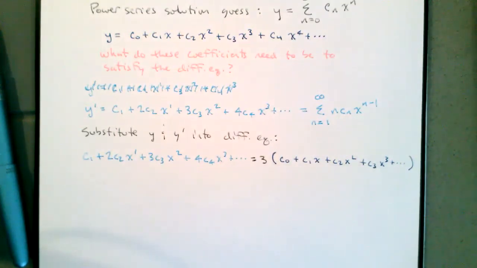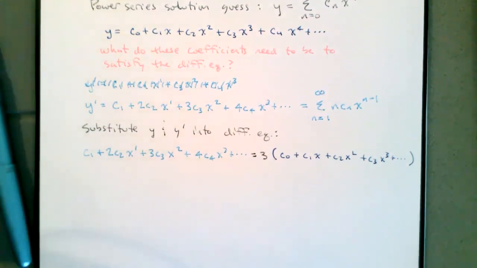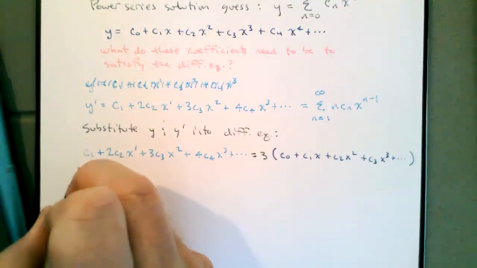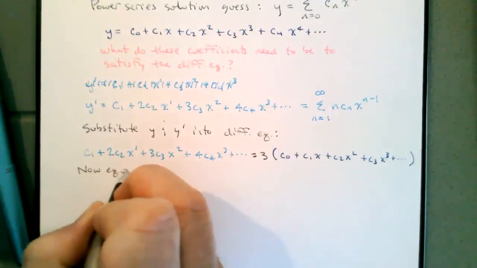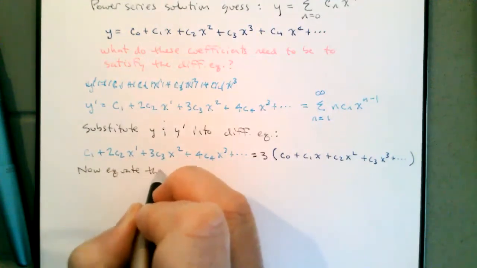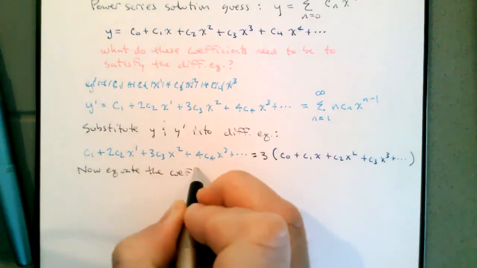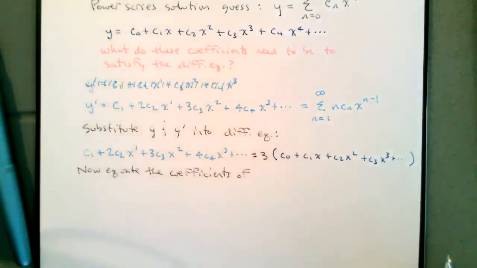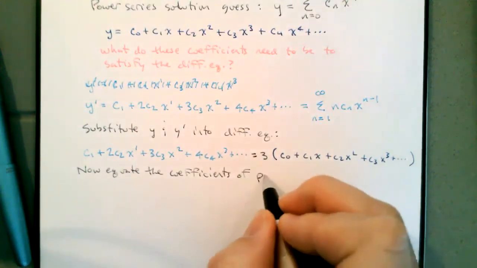Now, if these two sides are going to be equal, that means the coefficients have to be the same. So we're going to equate the coefficients of the powers of x.